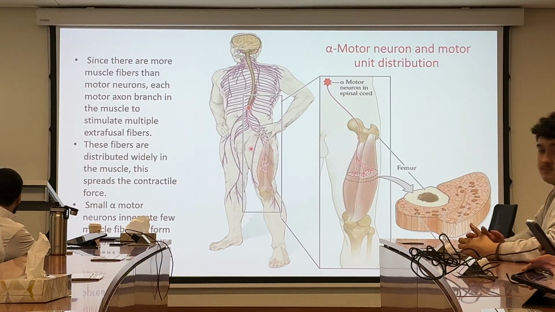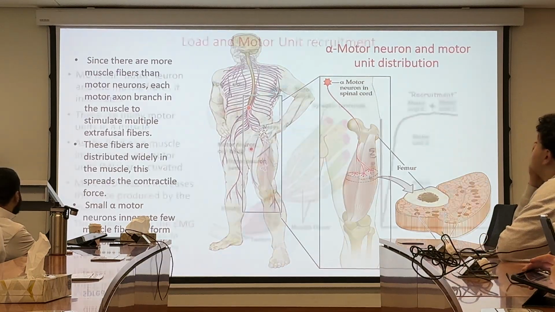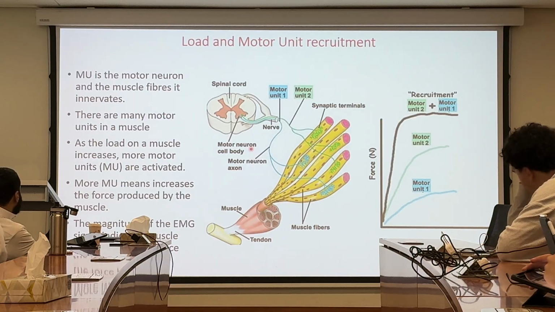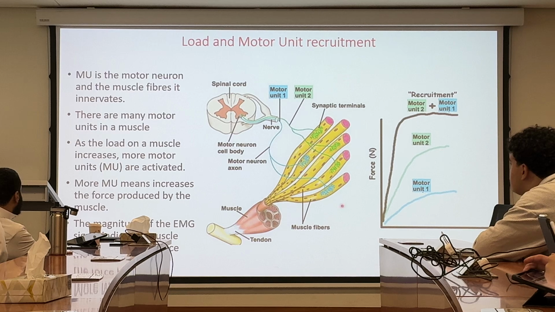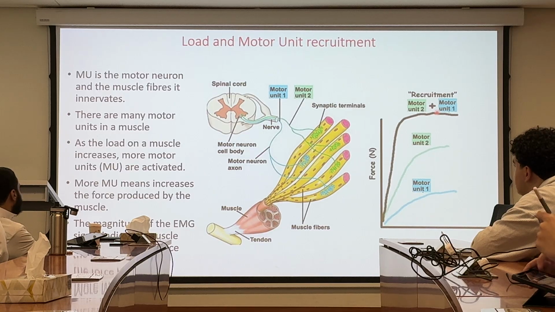So again, that's what's happening here. You're going to stimulate this, or this is what you're going to measure. How do you represent this? There we are. We have motor units, green ones, and blue ones. If you stimulate the blue one, because there are fewer fibers attached to it, you get a small amount of contraction. If you do both, then you get a maximum contraction up here on the top. So you can actually recruit motor units.